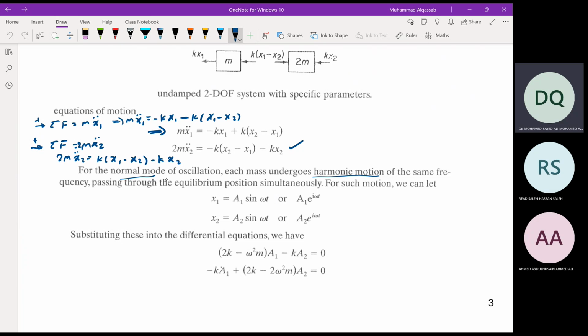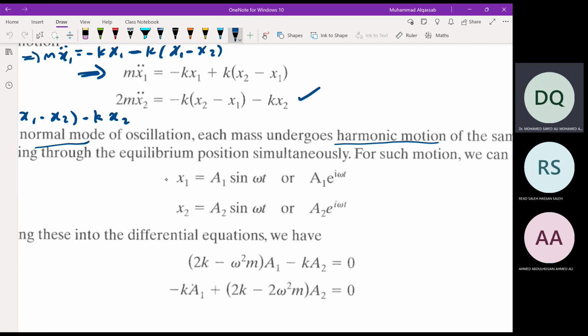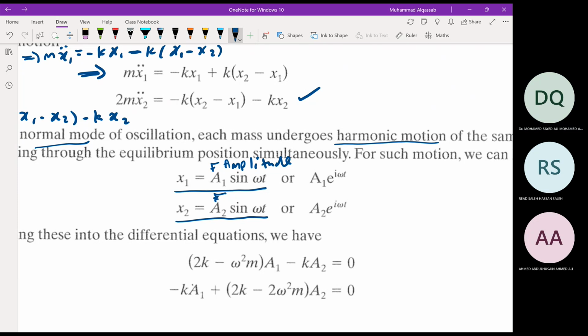That we write x1 equal to a1 sine omega t, where a1 is the amplitude and omega is the frequency of oscillation, and x2 equal to a2 sine omega t. This will have an amplitude a2 different than x1, but the frequency is the same.